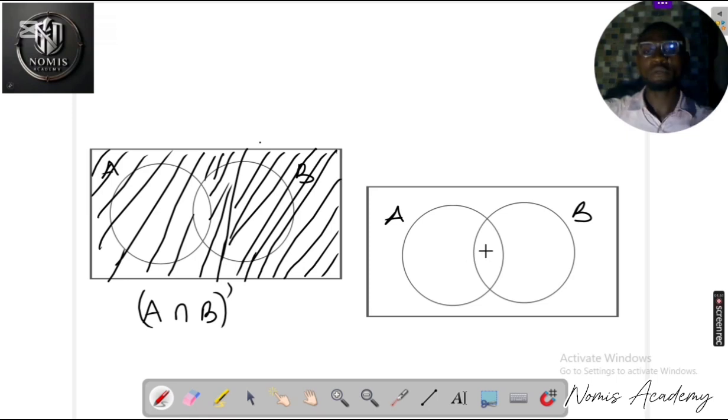If we're talking about the complement, then we are talking about the elements that are in the universal set but are not in the union of the set. So without A and B, let us shade the universal set. You see, we shade outside sets A and B but inside of the universal set.